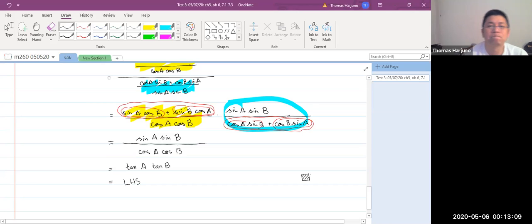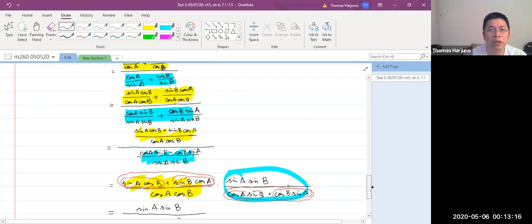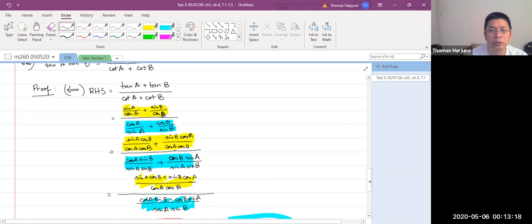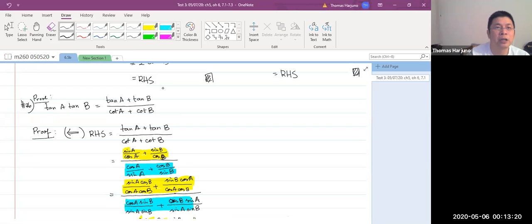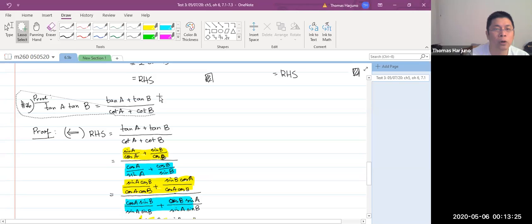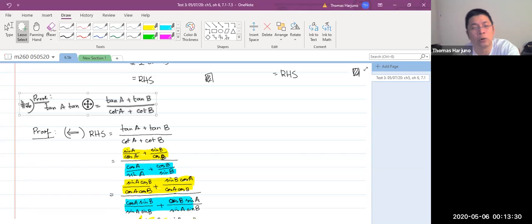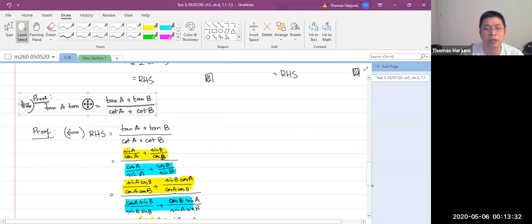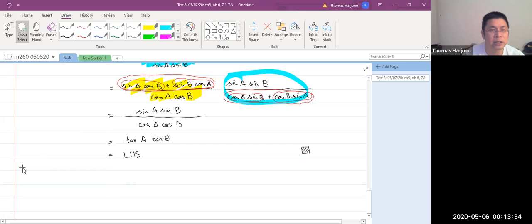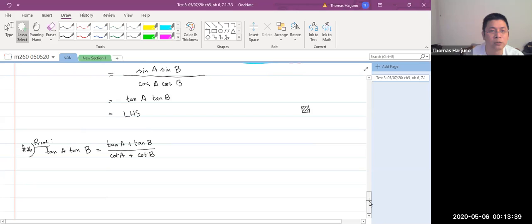Now, I actually like Ney's approach. Thomas just changed the cotangent into tangent instead of making it into sine, cosine, and dealing with four things. We will make it into tangent A, tangent B. So let me redo this problem. I still do it from right to left.